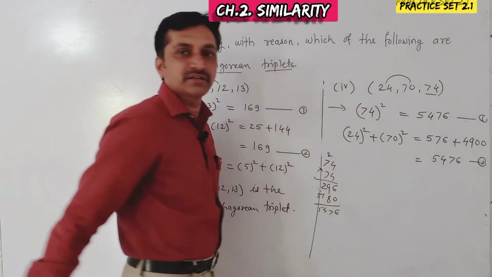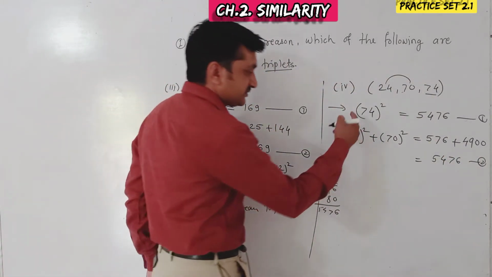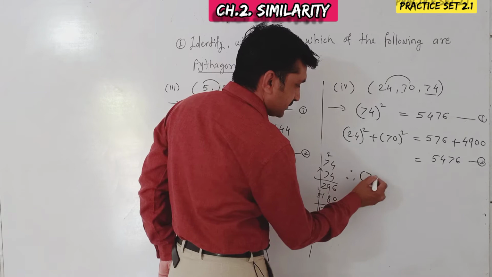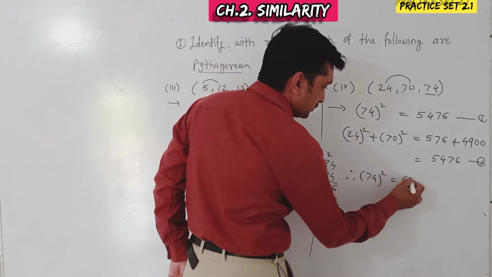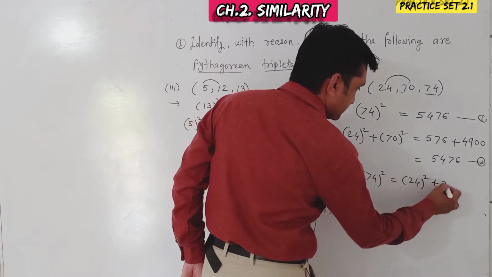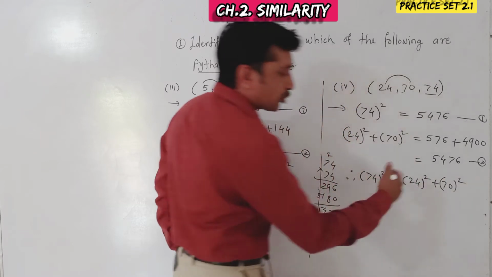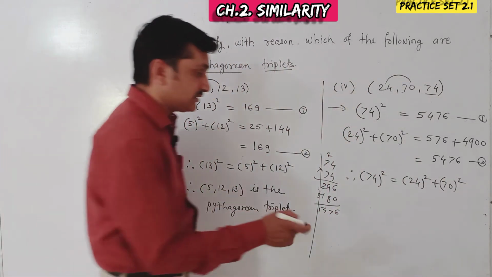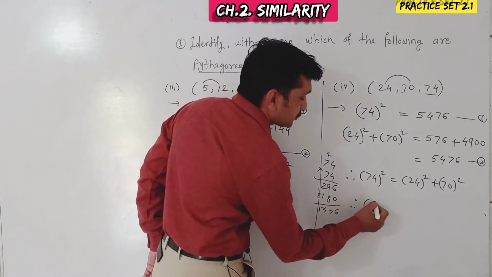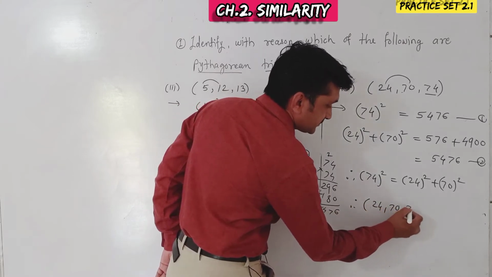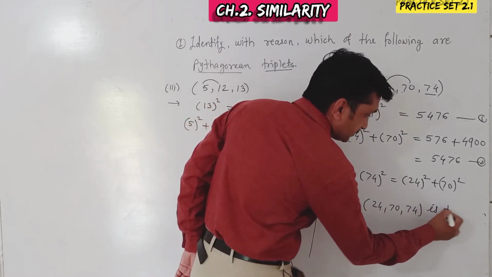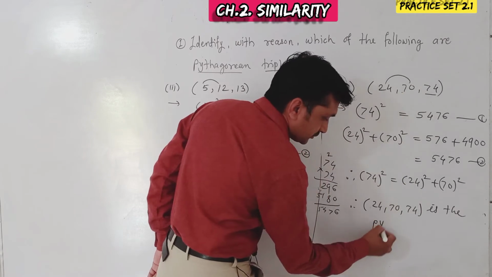It means both right sides are equal, correct? It means we can write here 74 square is equal to 24 square plus 70 square. Now as we got both sides equal, we can write here, 24, 70, 74 is the Pythagorean triplet.